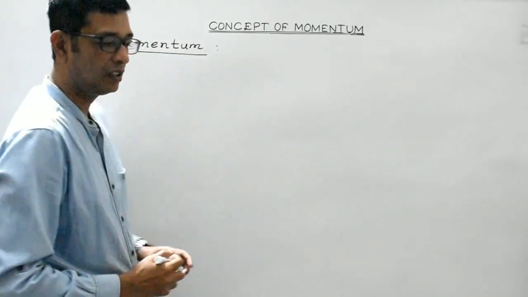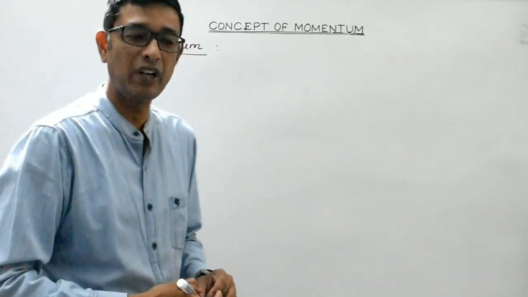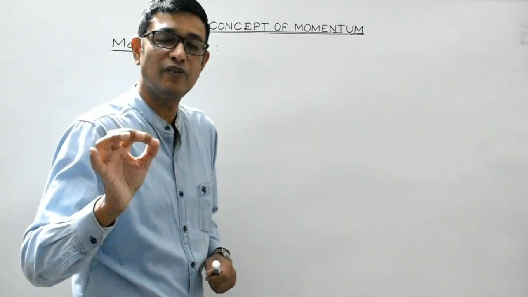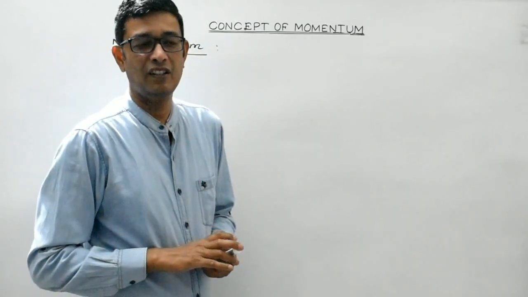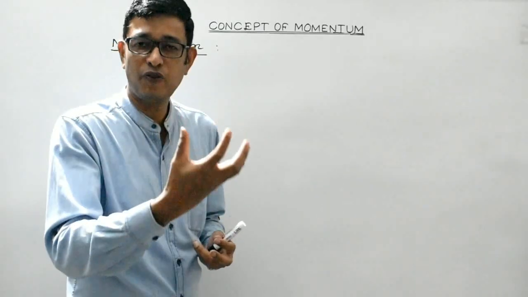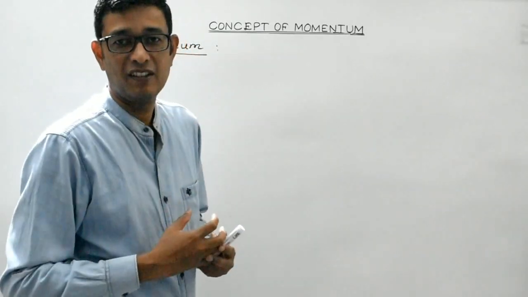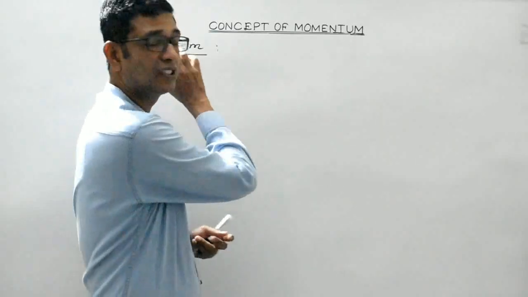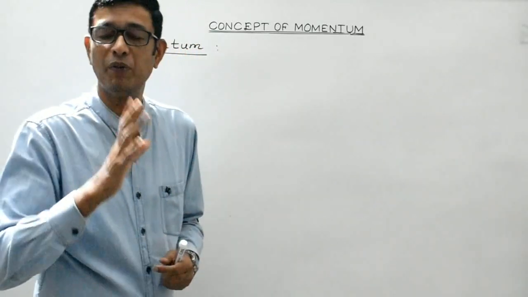Students, this physical quantity momentum is associated with any moving body. When a body moves, the impact of the moving body is measured by this physical quantity, which is known as momentum.